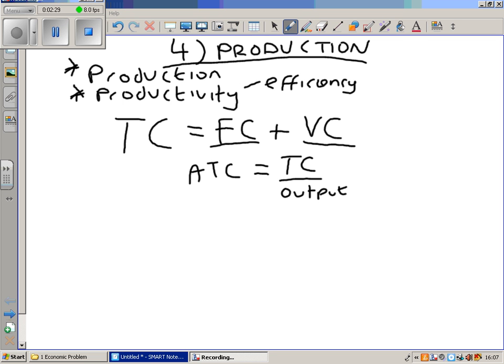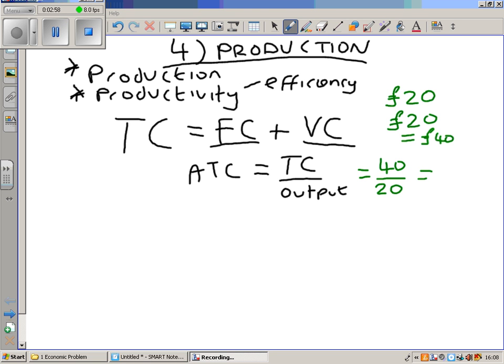So if we take an example that our classroom incurs fixed costs of £20 an hour, and the variable costs work out at £1 per student, and we have 20 students, our total costs would be £40. To work out this in our equation, we would have £40 divided by an output of 20 students to get us average total costs of £2.